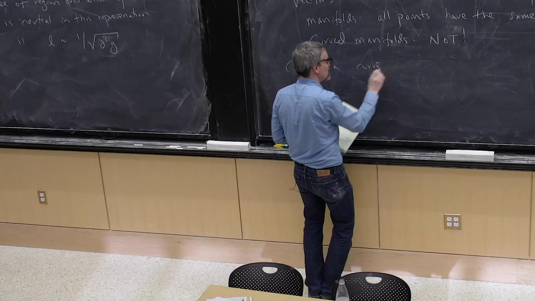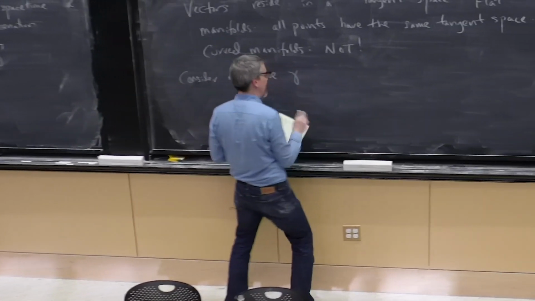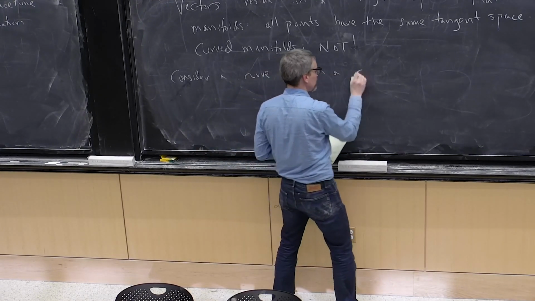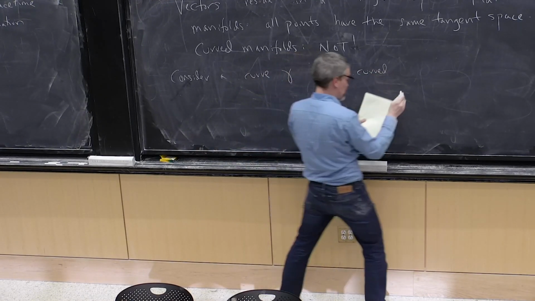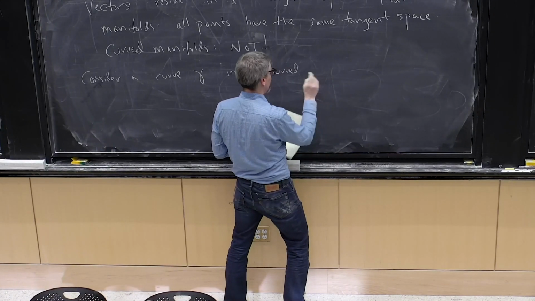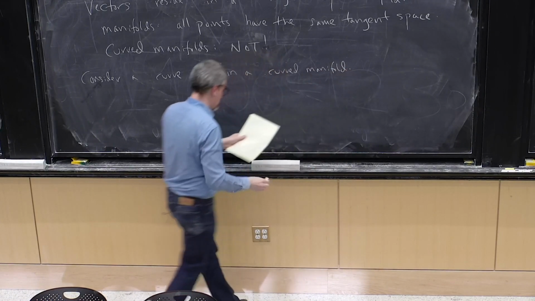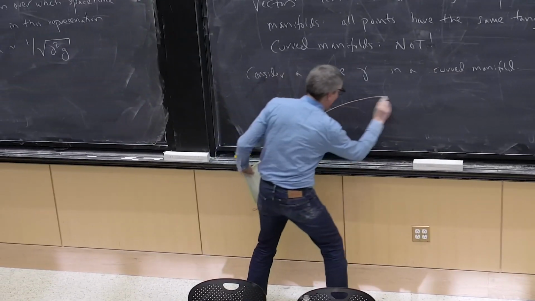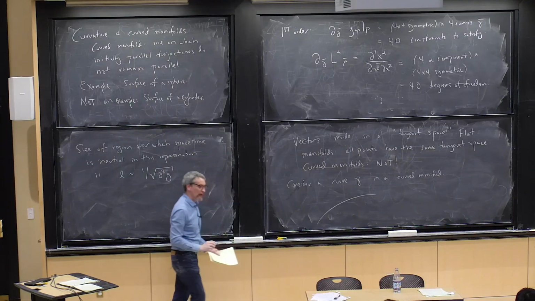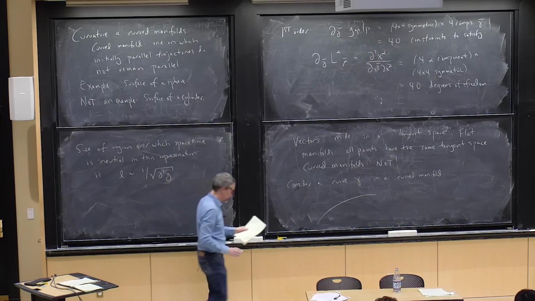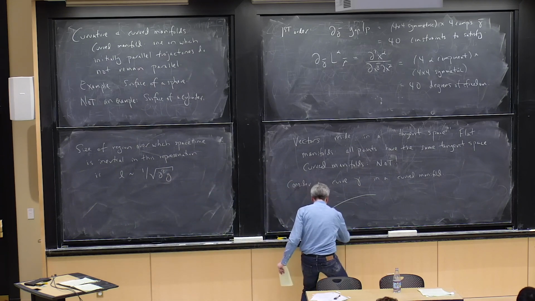I'm going to define some curve, which I will just call gamma. It lives in a curved space of some sort. I'm going to draw it here on the board, but imagine that this is like on the surface of a sphere. So here's the curve gamma.